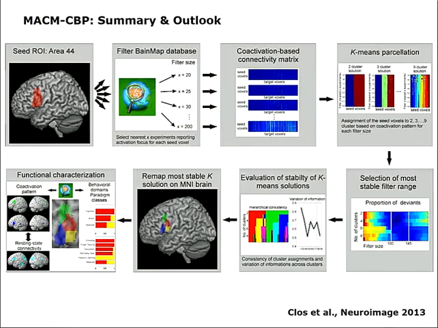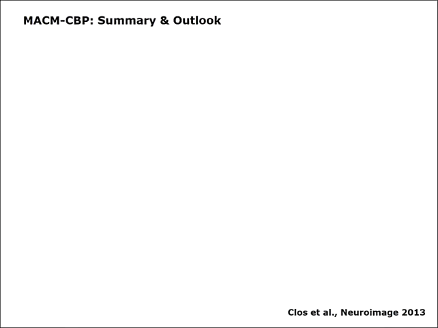You look at how they co-activate or deactivate with the rest of the brain or particular other target regions in the rest of the brain. You perform a clustering algorithm. You can use heuristics, cluster validity criteria, to get a handle on which choice of cluster number may be more meaningful than another one. Then you typically map it back to the brain, and you can use various types of functional characterization to give sense to the parcels that you have discovered.